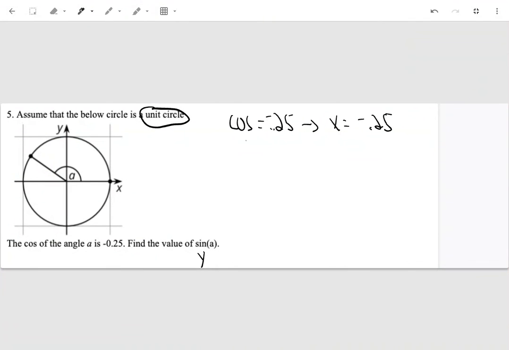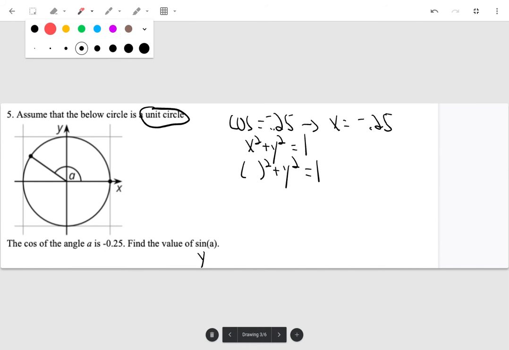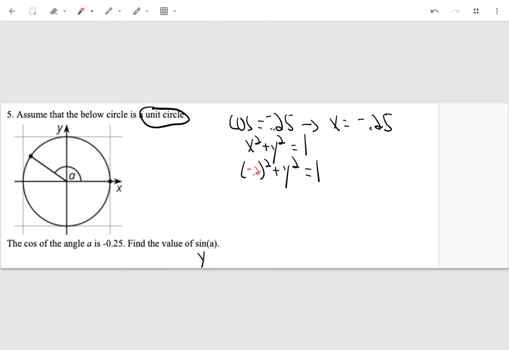I'm going to plug in negative 0.25 for x, and we're going to solve for y.